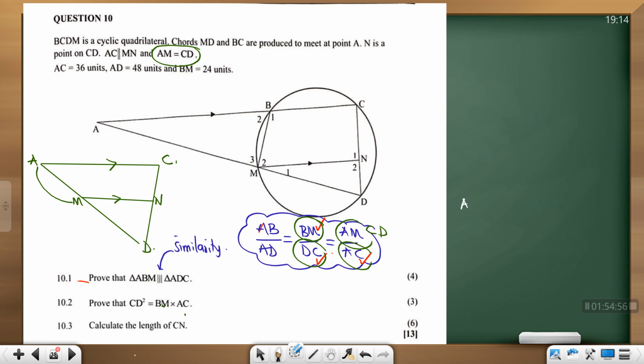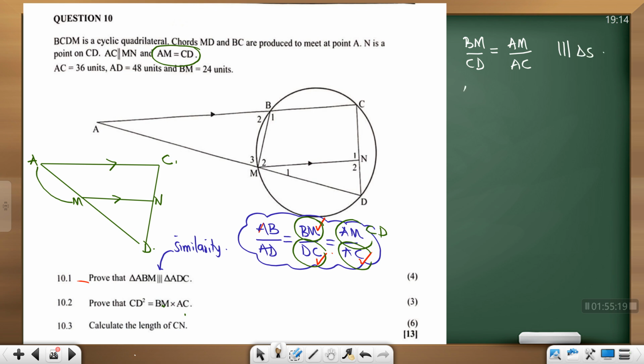Look at now my write-up. Don't worry, we'll get used to this. Look at now my write-up. From question 10.1, I now know that BM over CD is equal to what? AM over what? AC. What's your reason? I wrote this because triangles are what?